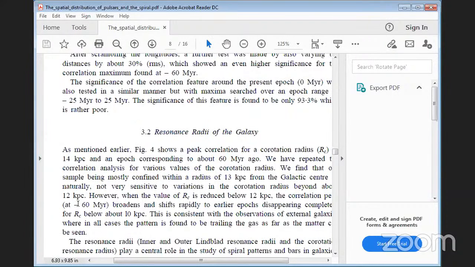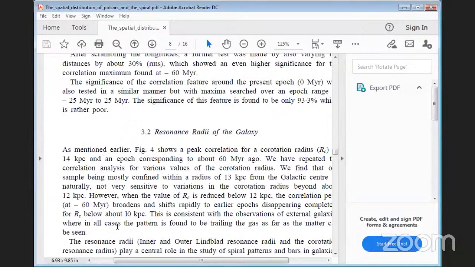And then this number, where the correlation is seen, tells you the entire lifetime, which includes the evolution time of the progenitor and the lifetime it spent after being a pulsar.